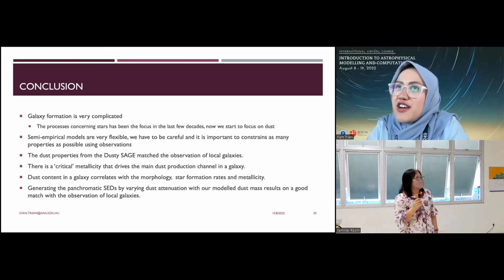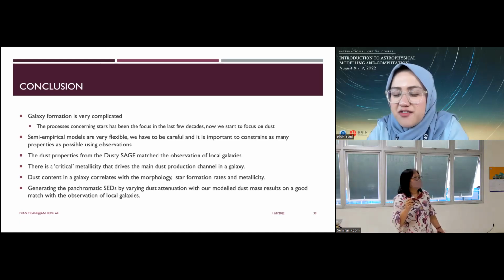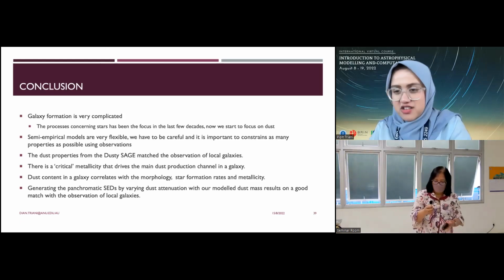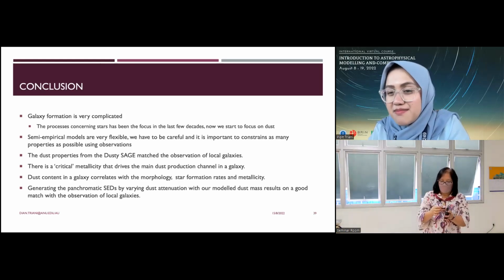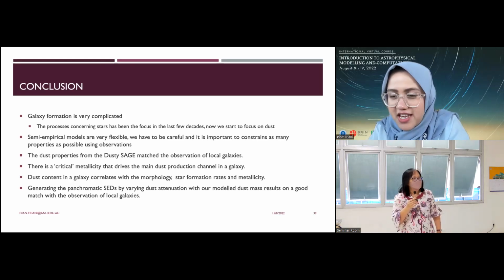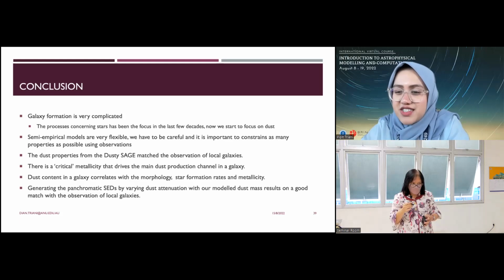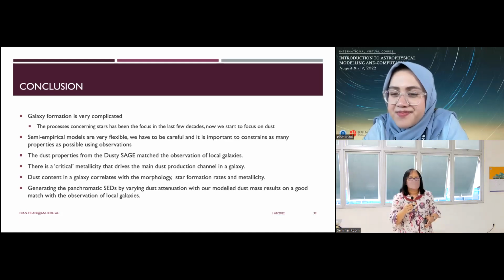So for now, not yet, but in the future for sure. For now, my focus is still on studying dust, but magnetic field will add another layer of complication, and it will definitely be interesting to study in the future.